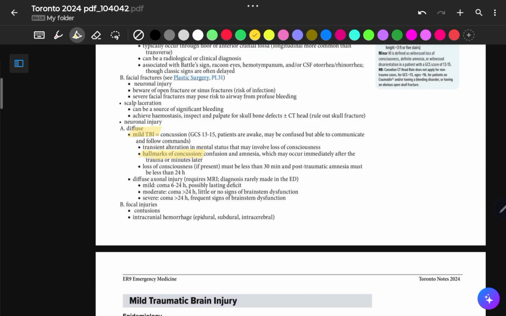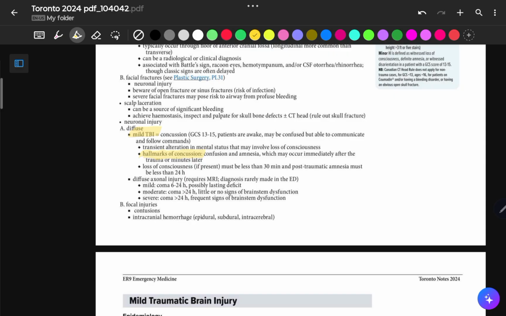All right. So they're confused. They have amnesia. They can't actually recall what happened immediately after the trauma or a few minutes after. Then they also have loss of consciousness. If there is loss of consciousness, it's usually less than 30 minutes.